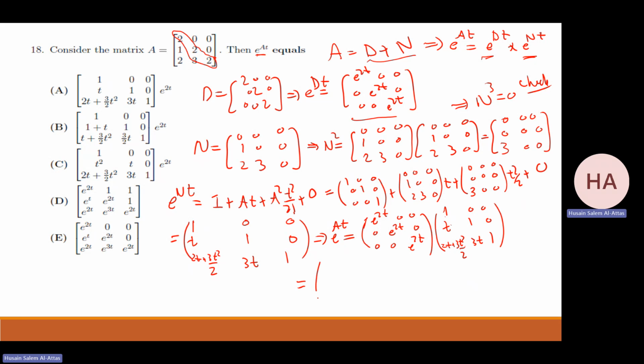And that will be this times this e^t. First row, second or third column, that will be 0, 0. Let me give it some space. Second row times the first column, that will be t e^t.